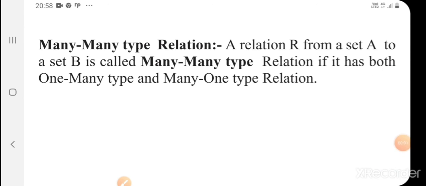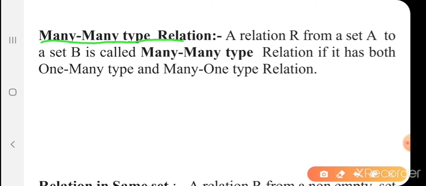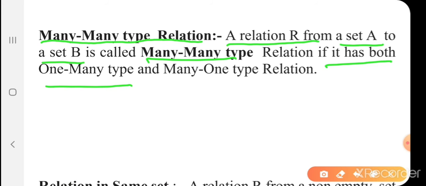Next we discuss the many type relation. A relation R from set A to set B is called a many type relation if it has both many one type and one many type relations.